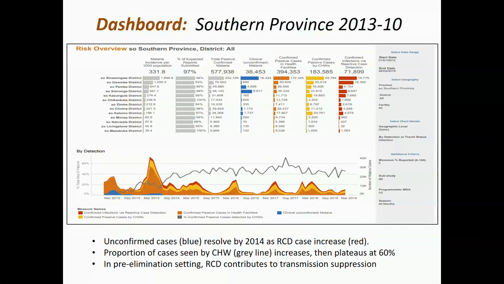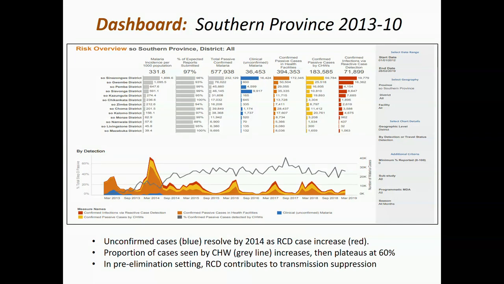And then just to share a quick visualization from Tableau, this is Southern Province. It basically shows us the incidence rates, as well as the expected reports that have been submitted and received. As at the time we took this, it was around 97%. It also shows us how many confirmed cases we had, how many were seen by the community health workers, as well as what was seen at health facility level.